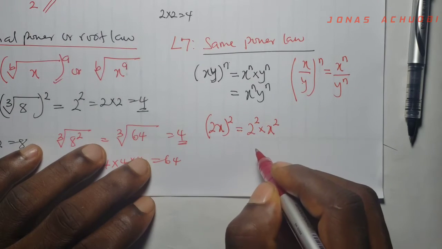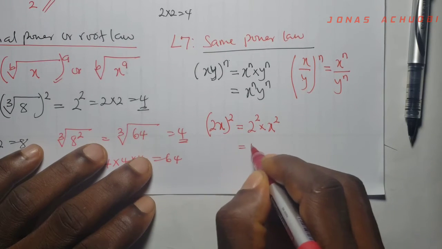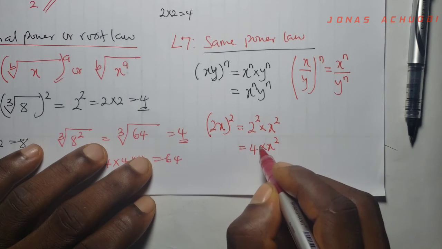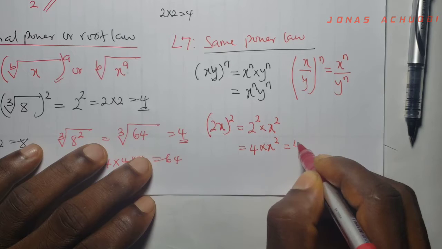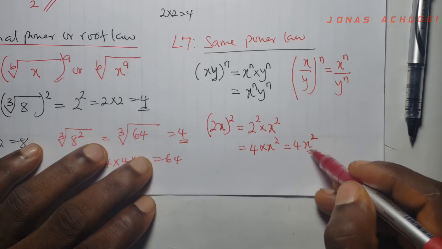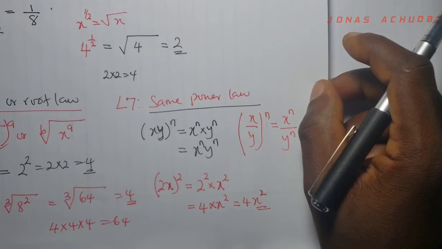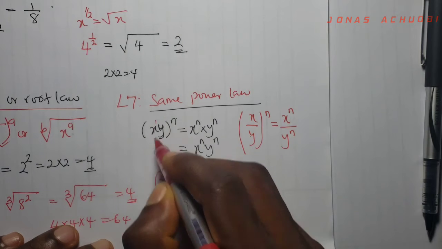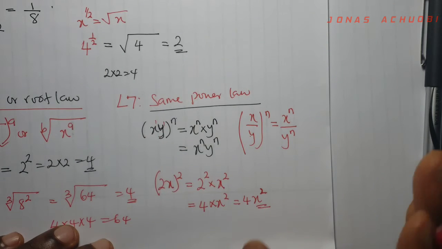So 2 raised to power 2 means 2 times 2, which is what? 4 times x squared. Since we can write this without the multiplication sign, this simply means 4x squared. In this same power law, we should observe that here the power of x is 1 and the power of y inside is 1.